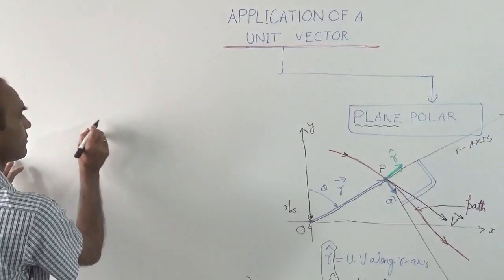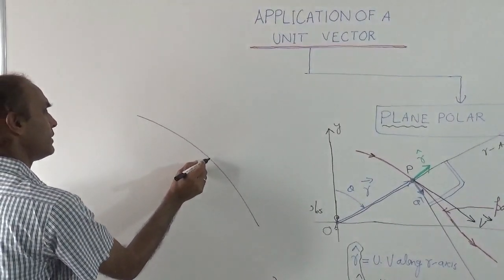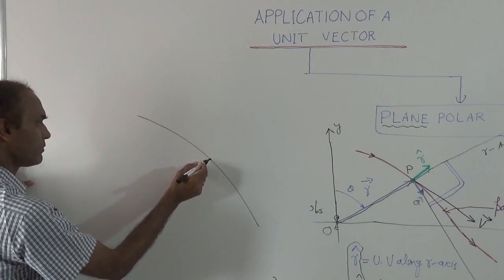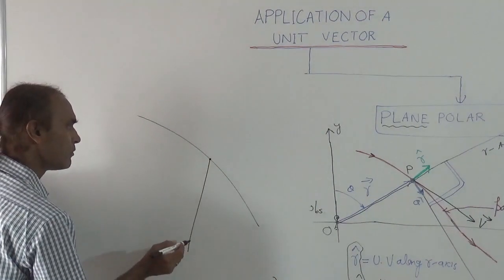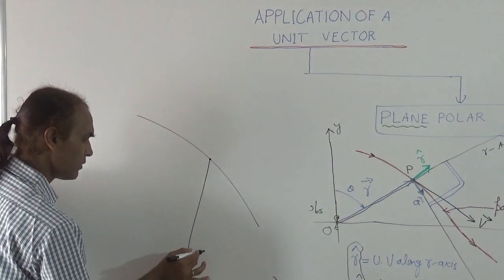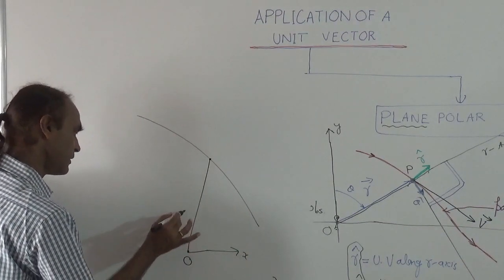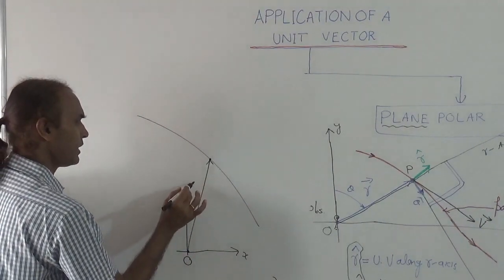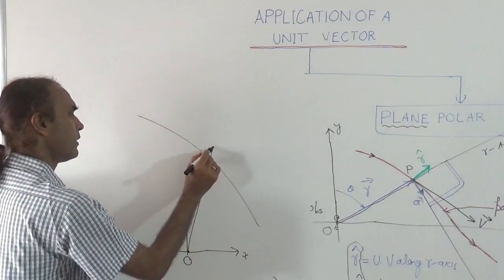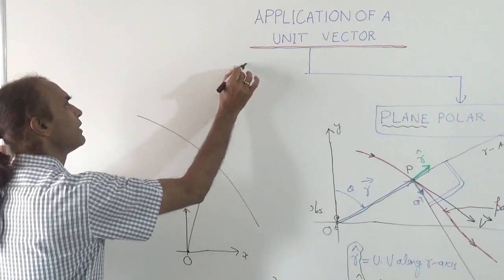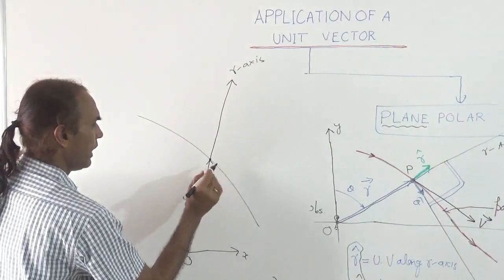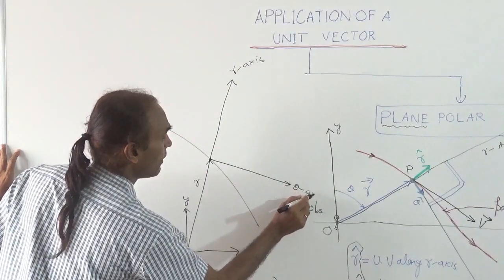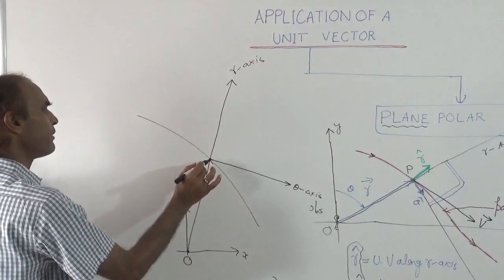For instance, when this is the position of the particle with respect to the origin O, this is the x-axis, this is the y-axis, this is the r-axis, and perpendicular to the r-axis we have the theta axis.